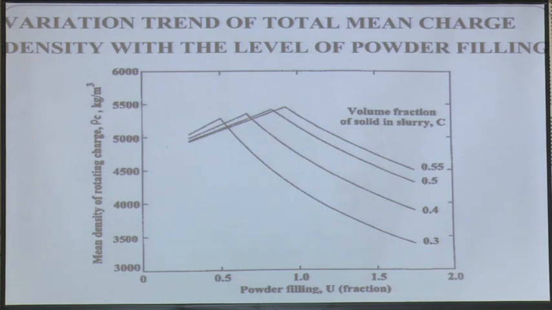The trend is perfect. So when the mill draws power, the mean density of the rotating charge is very, very important in that power model. If that does this, it is obvious the power will also do that.